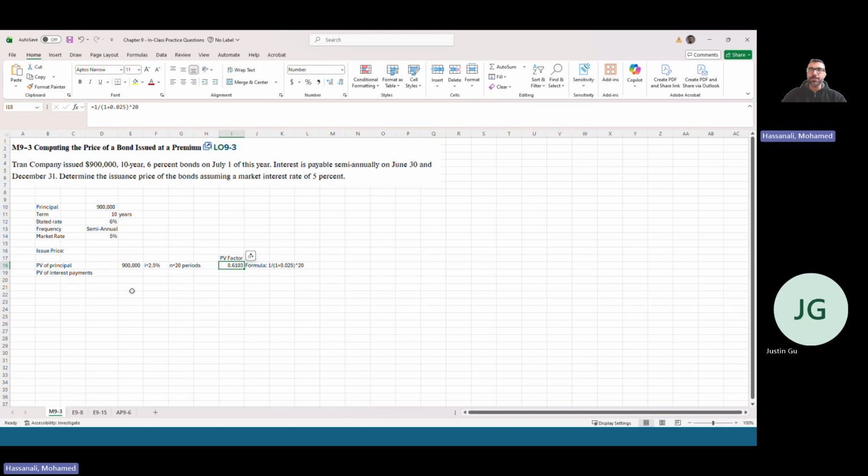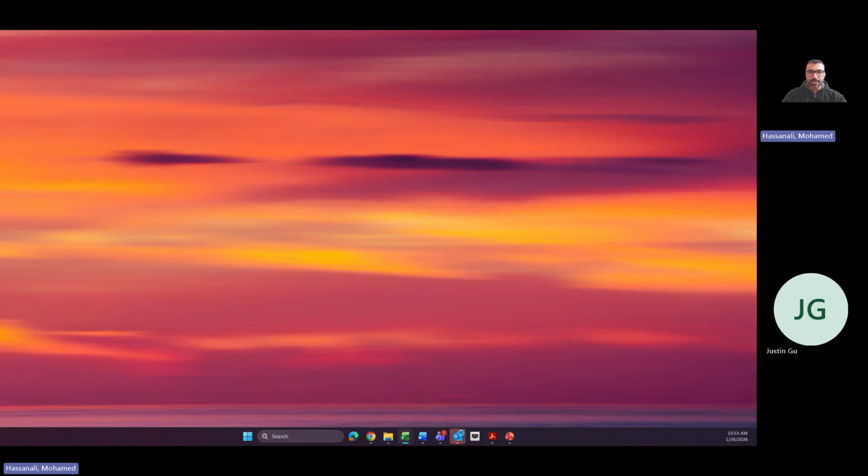So you've got the present value factor, you've got the principal, which are the 2 numbers you need. So the present value of principal in this case is principal times present value factor, which is 549,244.